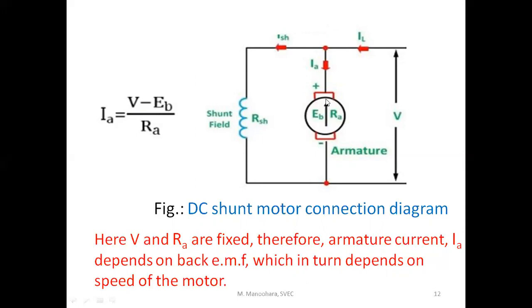So the armature draws 10 amperes. Now let us assume EB becomes 200 volts, reduced. Then 220 minus 200 becomes 20, 20 divided by 1, 20 amperes. So if EB value reduces, armature current value increases. If EB value increases, armature current value decreases.